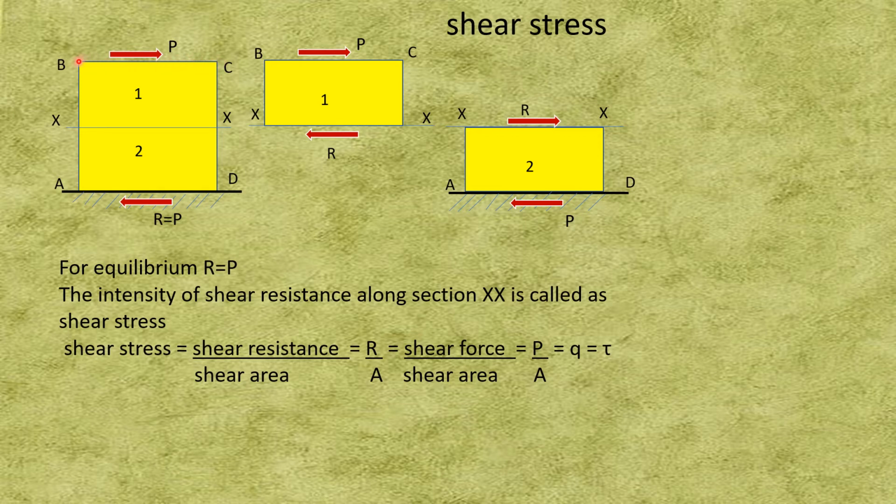So this is the BC plane, and that is the area under shear. So shear stress is P divided by A, the area under shear. The symbol for shear stress is sometimes small q or tau. So this is how shear stress comes into play.